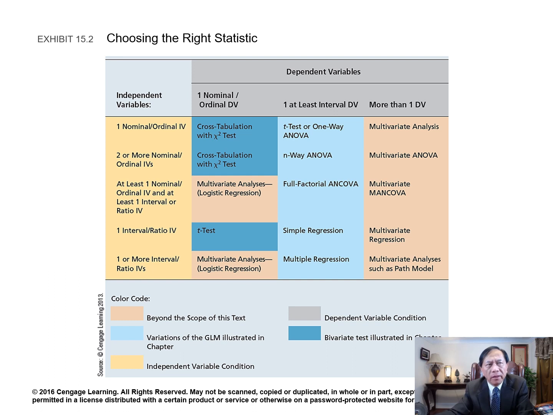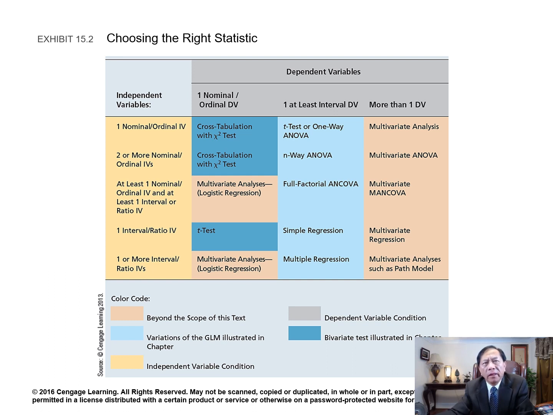If you have two or more nominal variables, you can also use cross tabulation with chi-square test. If you have one at least interval dependent variable with one nominal or ordinal independent variable, you can do a t-test, one-way ANOVA, or n-way ANOVA.